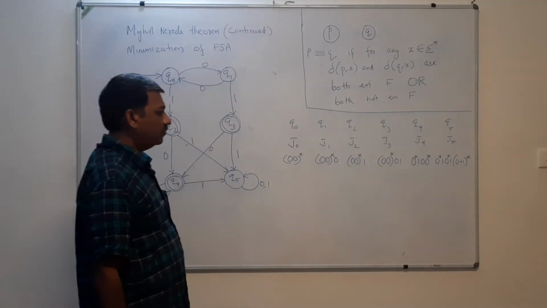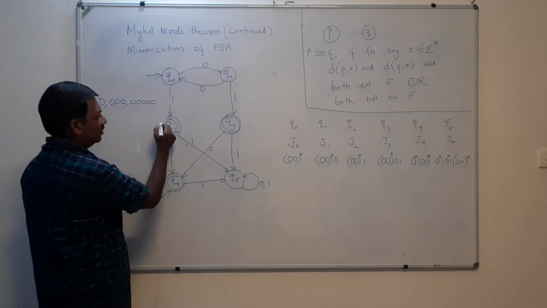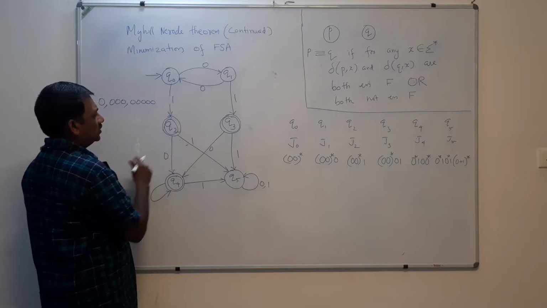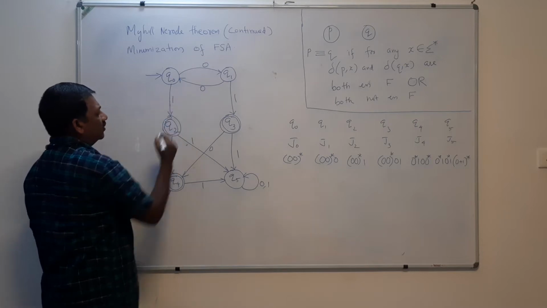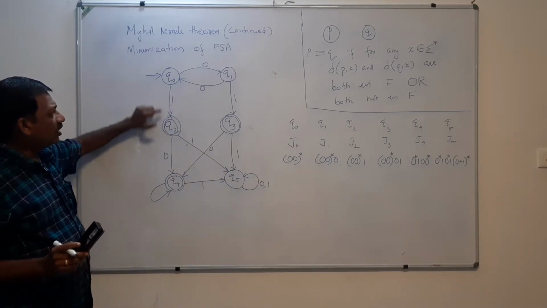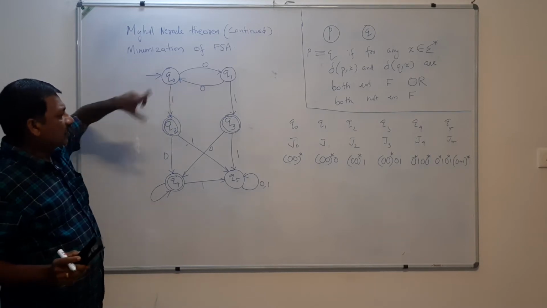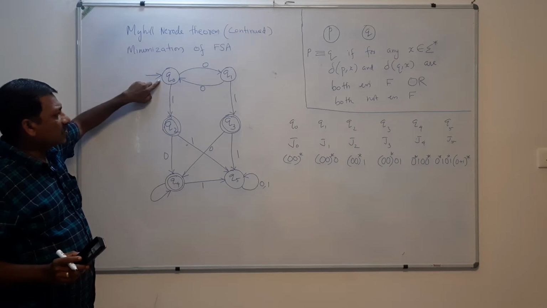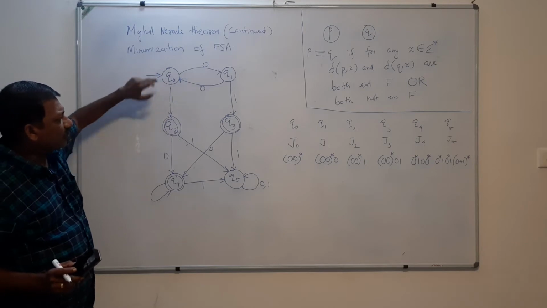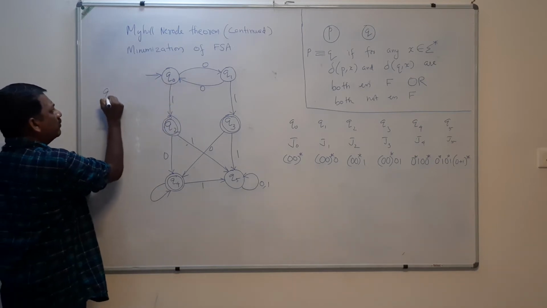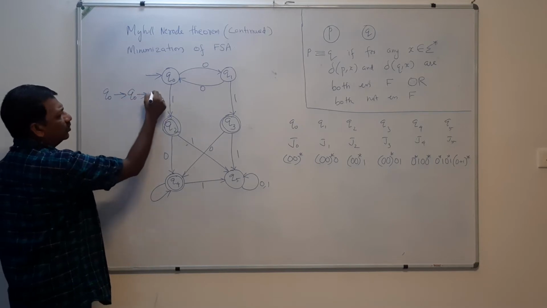Okay, now what will happen for the next one? Here this is Q2. If you consider Q2, then starting from Q0, the set of strings which cause the control to reach Q0 and then go to Q2.